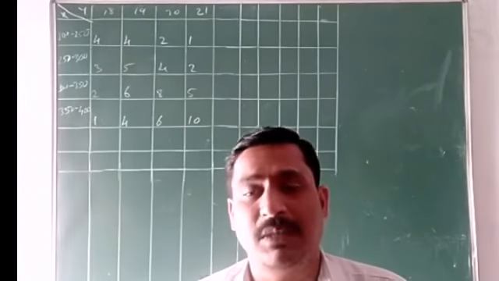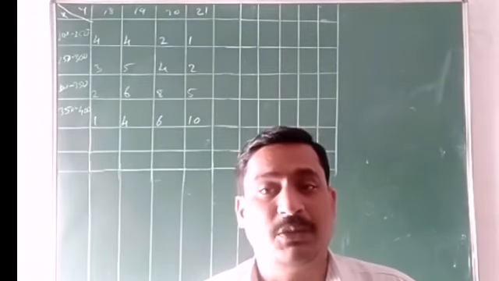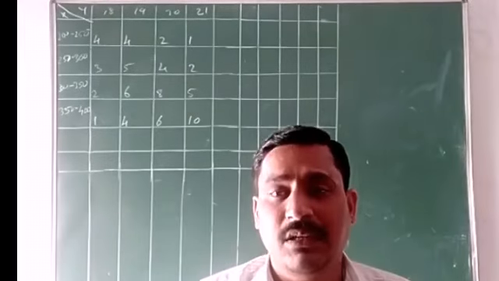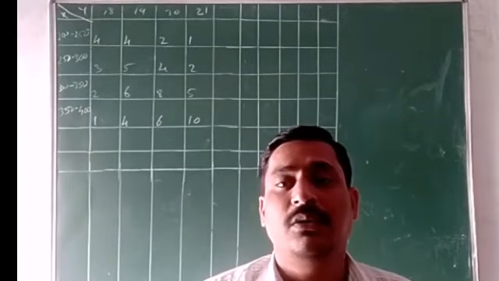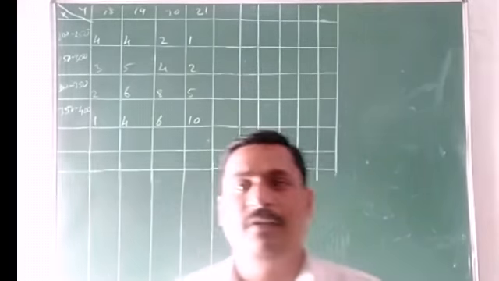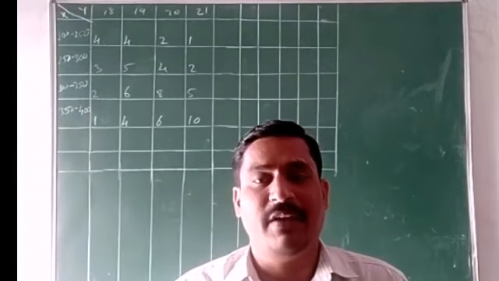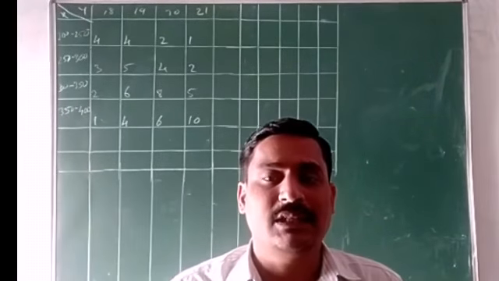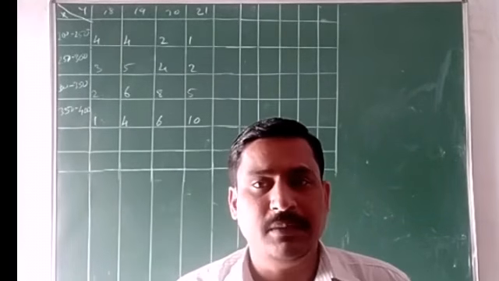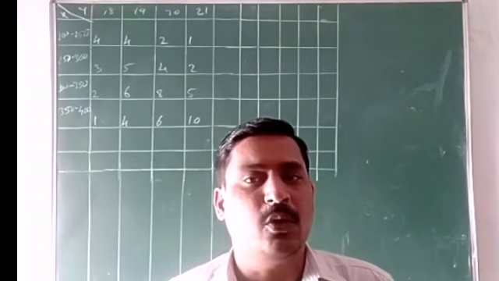So with the help of Karl Pearson's formula we calculate here, and the formula for that is summation fxy into xy minus summation x fx into summation y fy, divided by root of summation fx x square minus summation x fx whole square, into bracket summation fy y square minus summation y fy whole square.